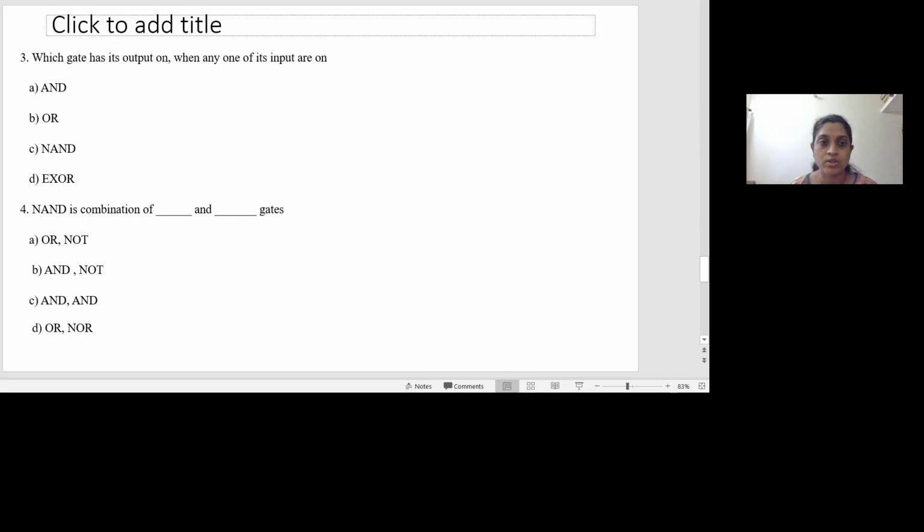The third question is which gate has its output on when any one of its inputs is on? The choices are AND, OR, NAND, XOR.